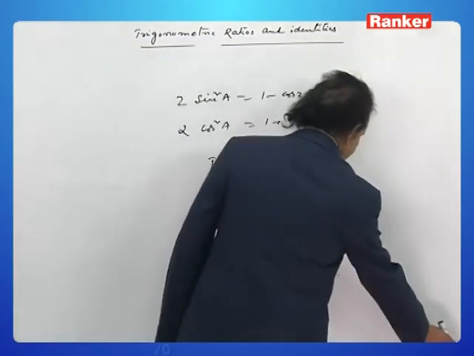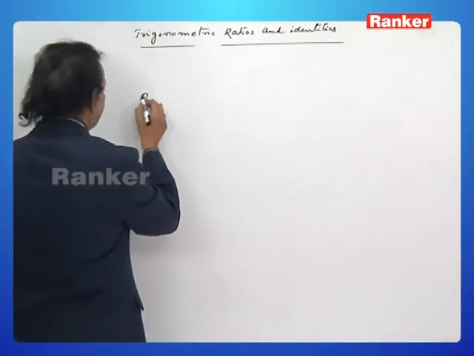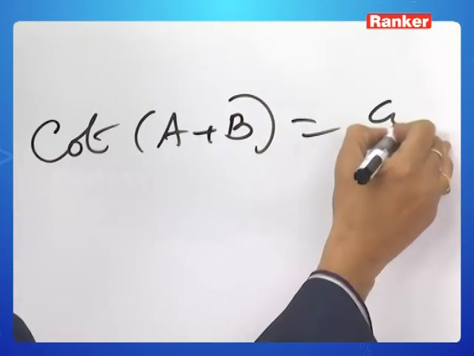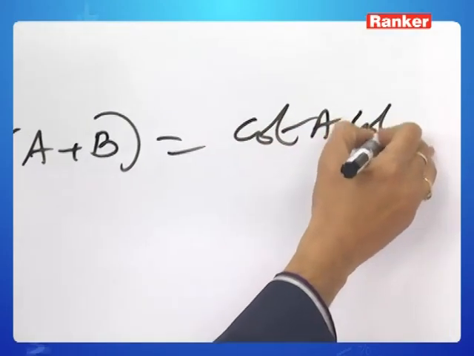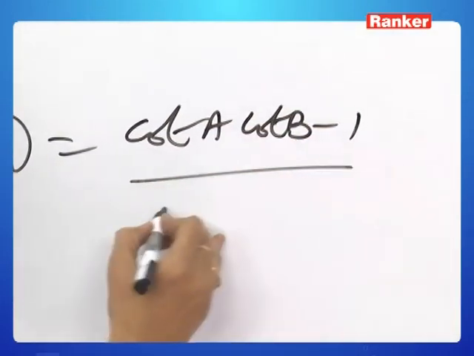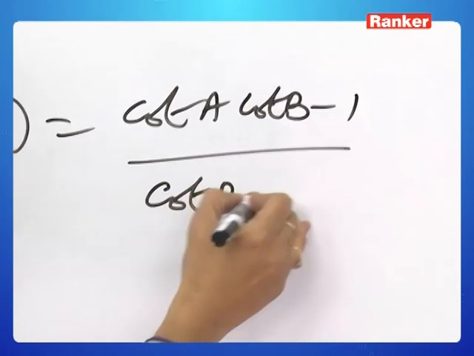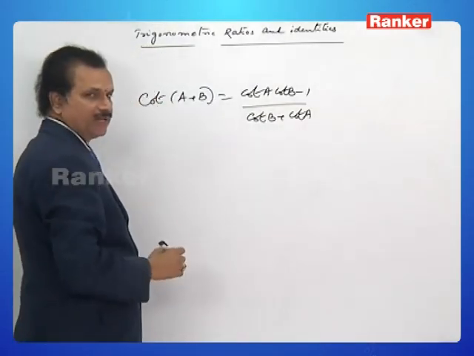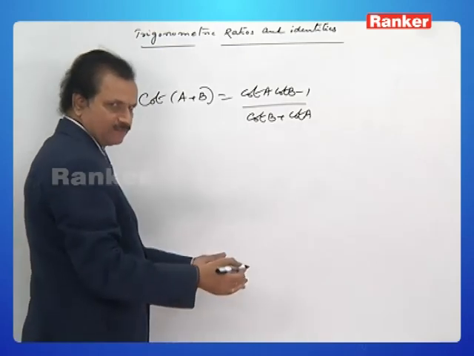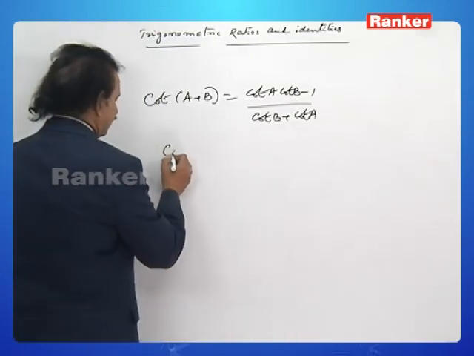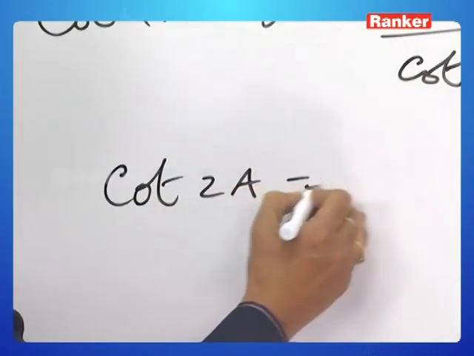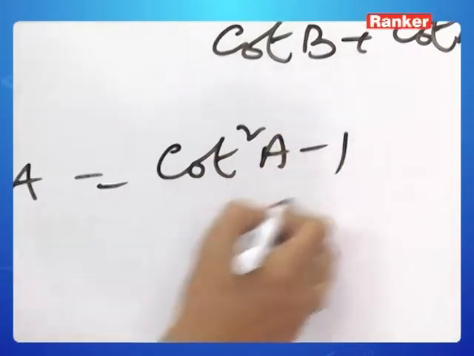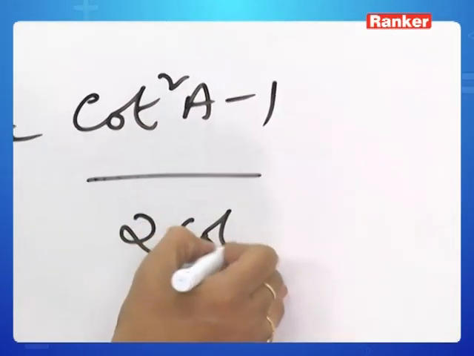Similarly, cot theta and cot 2 theta. We know that cot of a plus b is equal to cot a cot b minus 1 by cot b plus cot a. If you replace b by a itself, then cot of a plus a, which is cot 2a, is equal to cot a into cot a, cot square a minus 1 by 2 cot a.